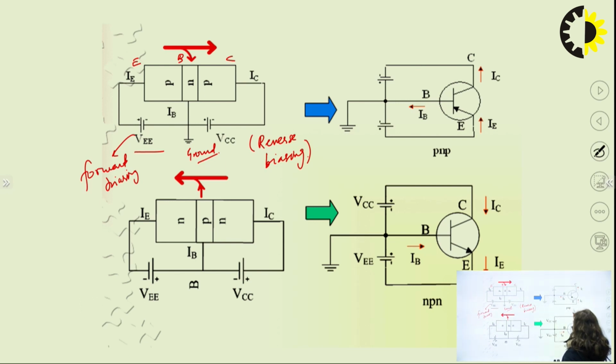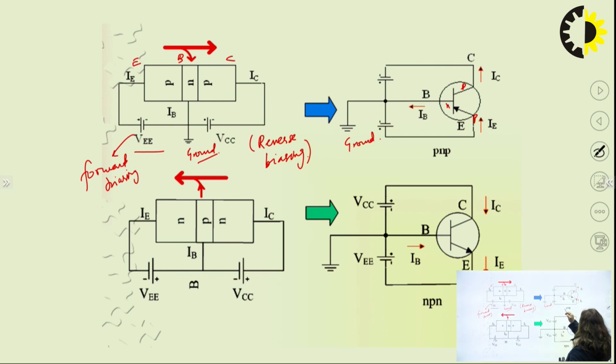Similarly, we can draw the actual picture of this, because we have to show what the different currents are that flow in the PN junction transistor, PNP or NPN type. We have taken the PNP transistor here. The current will flow from P to N side. The base is grounded, so this is your ground.